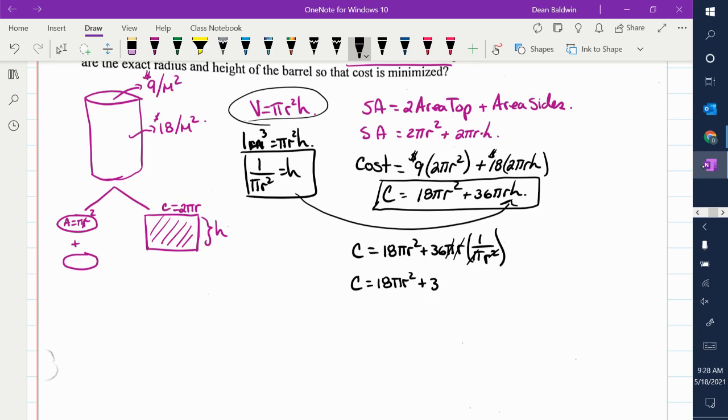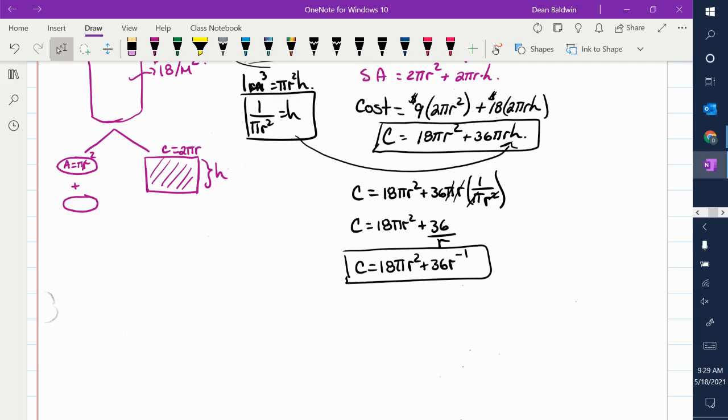So I get 36 over r, which I don't want to write that way. I'll write it as 36 r to the minus 1. There. Now we have a cost equation that only has one variable, r. We're trying to minimize the cost, so our next step is to derive it. Go for it, peoples. Derive it, and then prove it's a max or a min. I'm going to freeze this, and then I'll put the answer up in a sec.